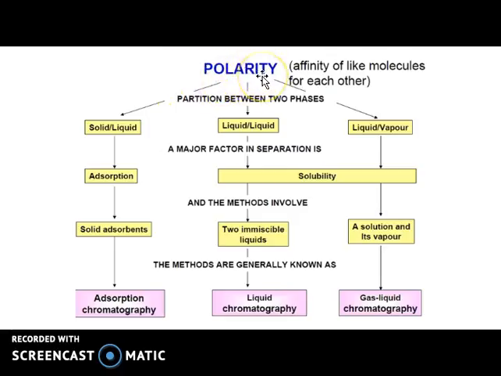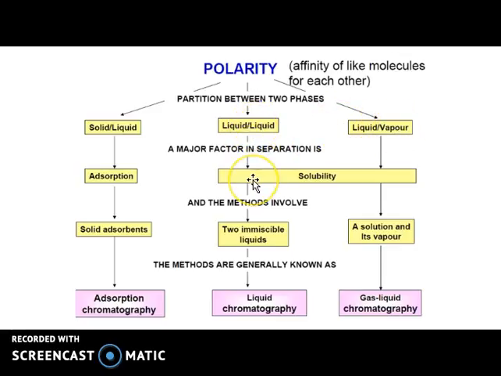This just shows that if it depends on polarity, it can be between 3 different methods. First is what you did in the lab, which is solid to liquid, solid being the paper and liquid being your mobile phase. So it is an adsorption type of chromatography. Or you can also have partition type of chromatography where you have liquid to liquid or liquid to vapor.